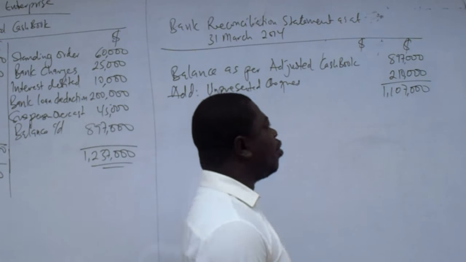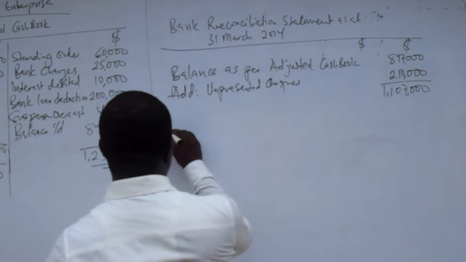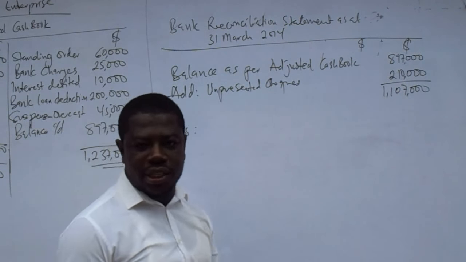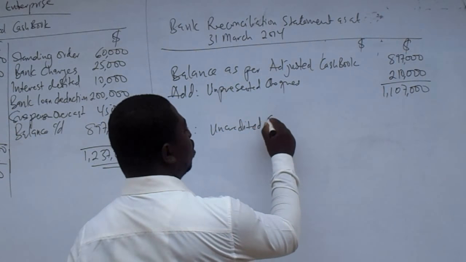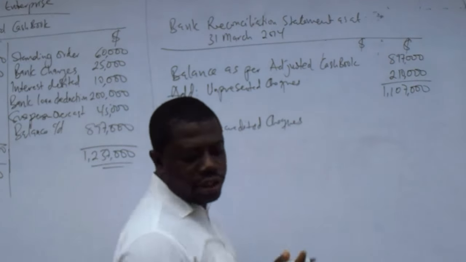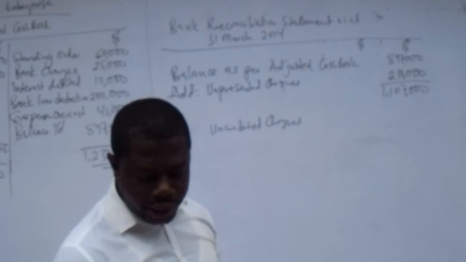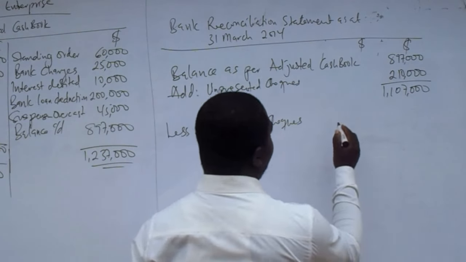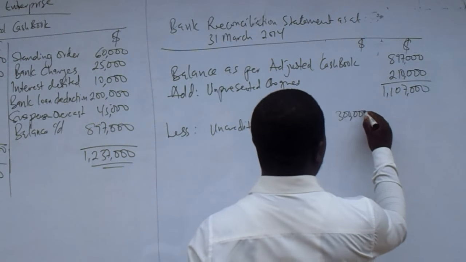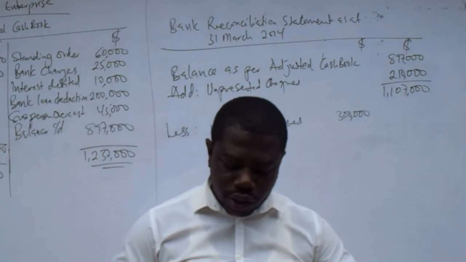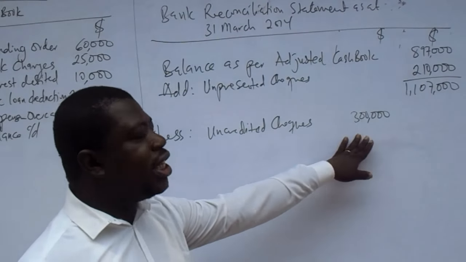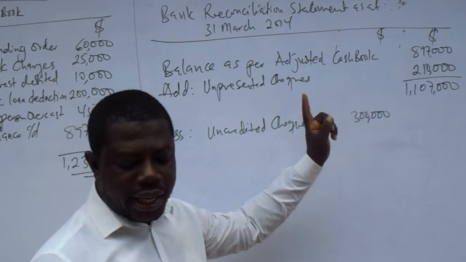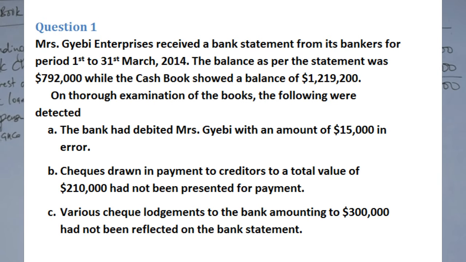So straight away we add up only the unpresented checks, and then we come and less things that we are supposed to less. And the first thing we know to less is the uncredited checks. And in this question, there was an uncredited check of $300,000. That is the check lodgements that were not credited. Now, I brought it here because there was a wrong debit in the question. Item A says that the bank had debited Mrs. JB with an amount of $15,000 in error.